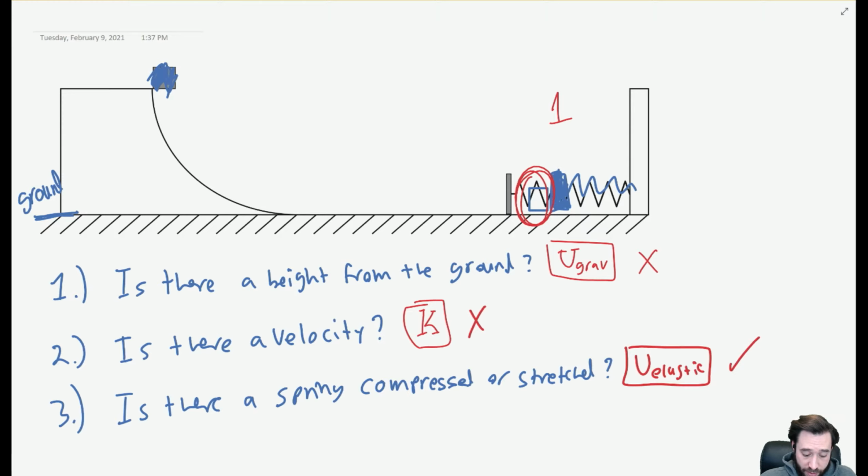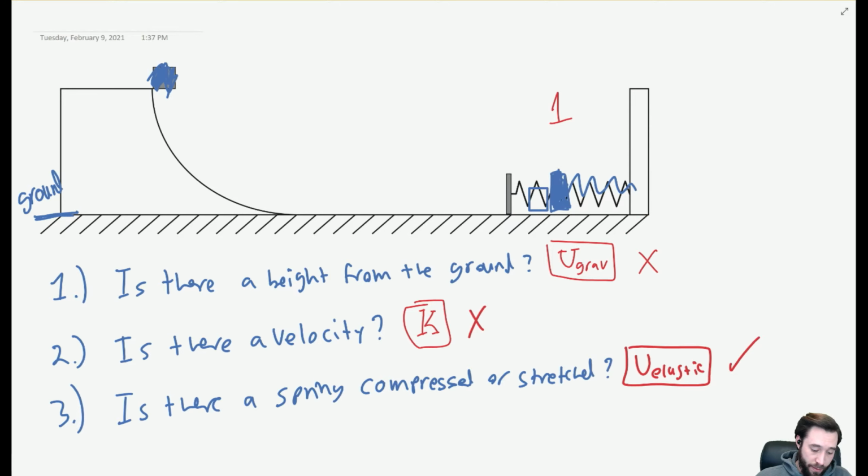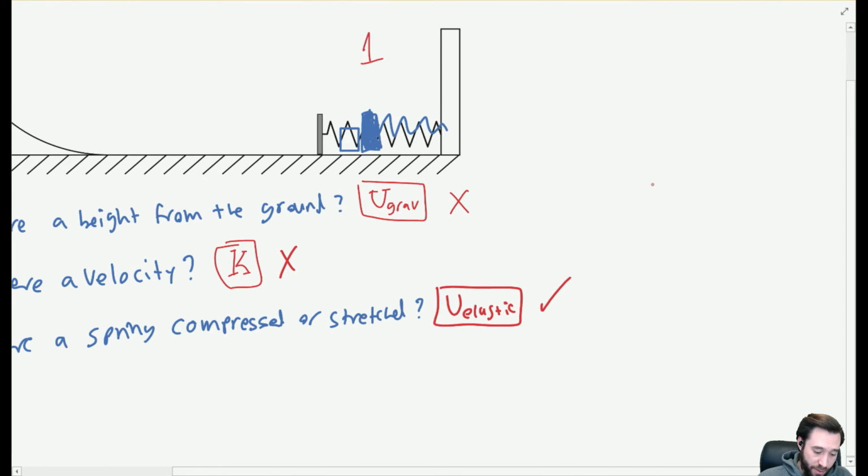And in this case, yes, there is. So state 1 is when the spring is fully compressed. I'm getting ready to launch it horizontally. All right. So at state 1, I have U elastic. Cool.